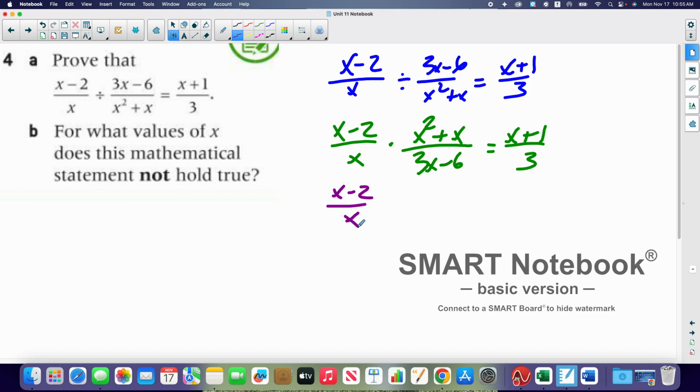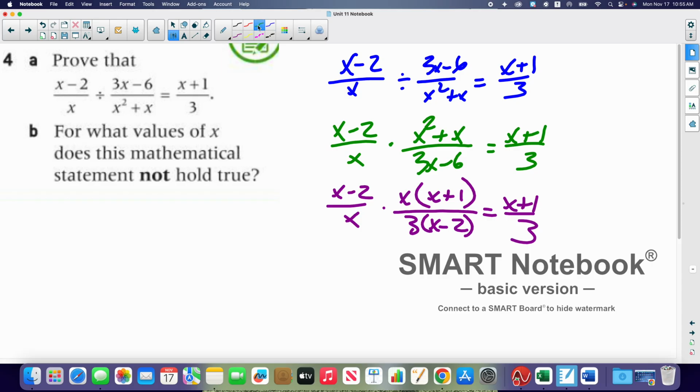But this one over here, what could I do on top? I can factor. There's an x in both. So if I take out an x, that is x times x plus 1. On the bottom, what can I do with the 3x and the 6? Take a 3 out, minus 2. Okay?